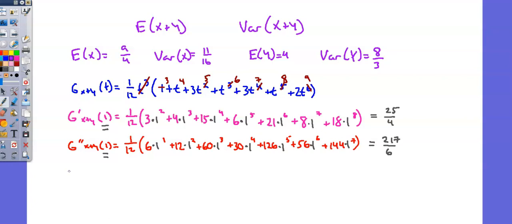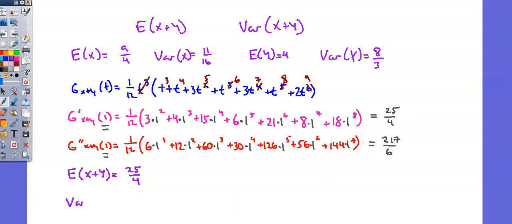And now I can arrive at my first expectation for x plus y from a prior lesson. Recall this is the first derivative of the probability generating function with an input of 1, which we've calculated as 25 over 4.